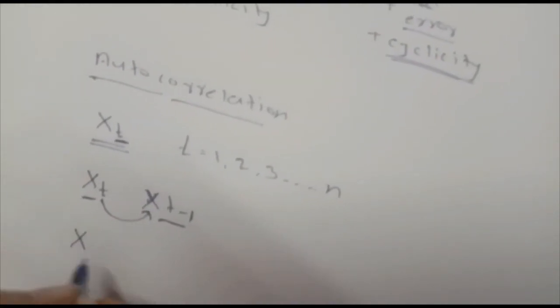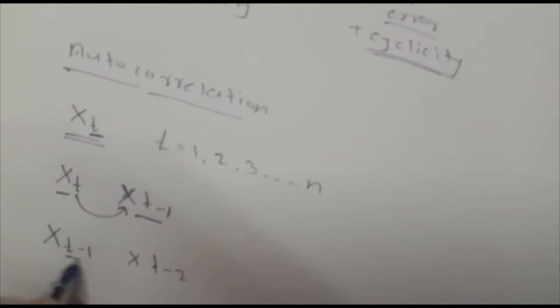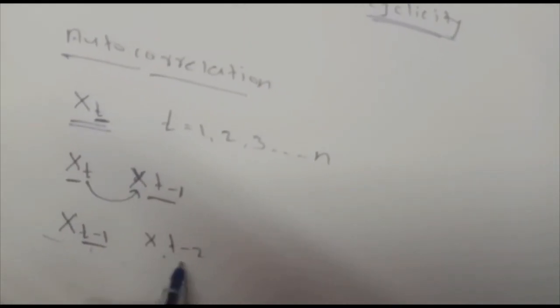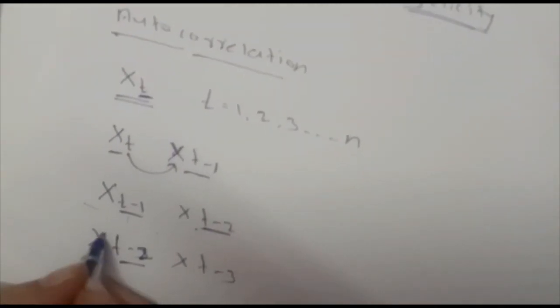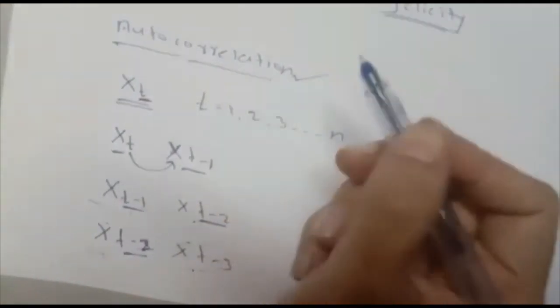Again, the relationship of xt-1 with xt-2 means at time t-1 what is the demand and how it is related to the demand which is present at time t-2. Again, what is the relationship of xt-2 with xt-3. So at time t-2 what is the value of x and how it is related to the value of x at t-3. So this is known as autocorrelation.